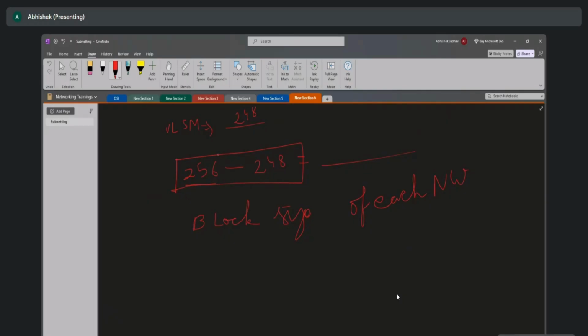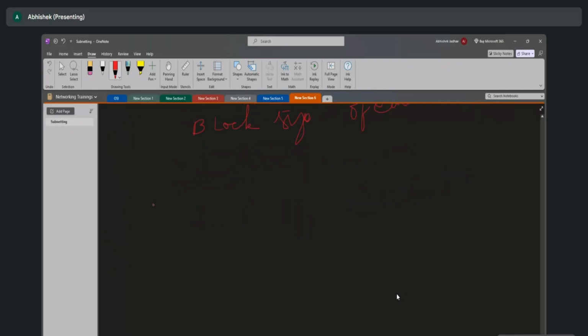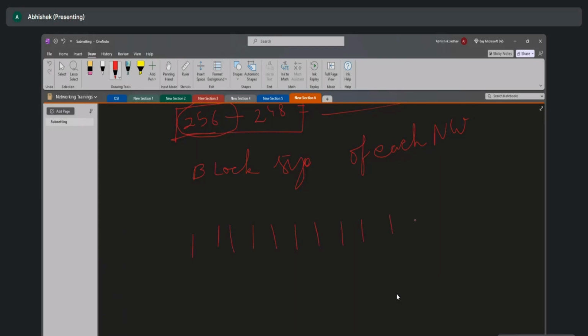Now, where did this 256 come from? Any guesses? Total IPs from 0 to 255. Total bits from 0 to 255, we can count as 256. Exactly, that's one way.